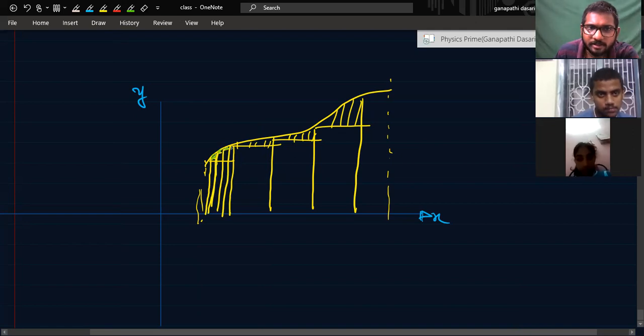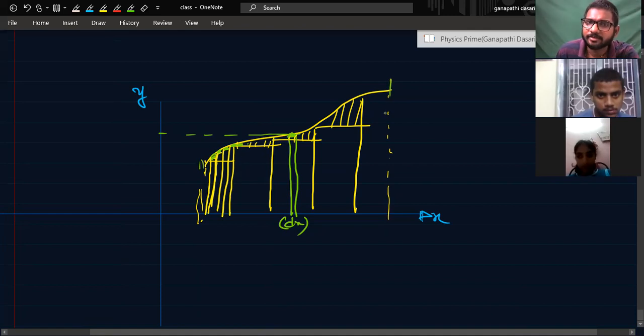Got it? That means in x, I take a random element of dx thickness, which is very small. At that point I'll take the function to be y, which varies from here to here. Y can be written as f of x. This value I will take as f of x.